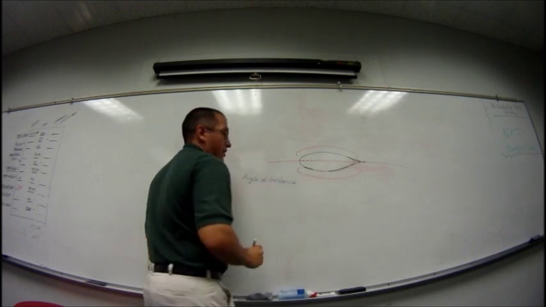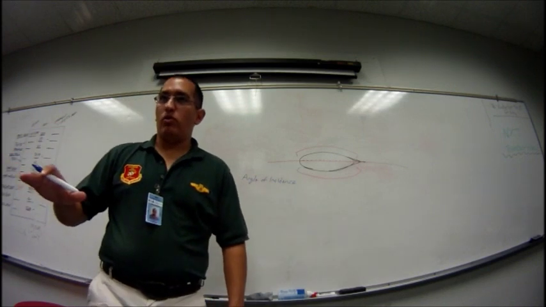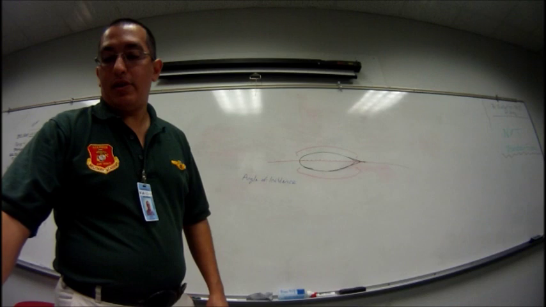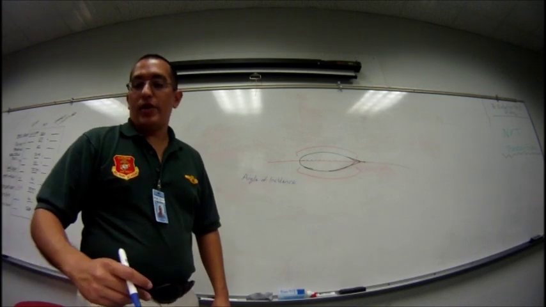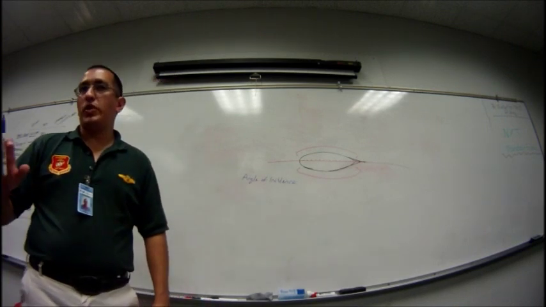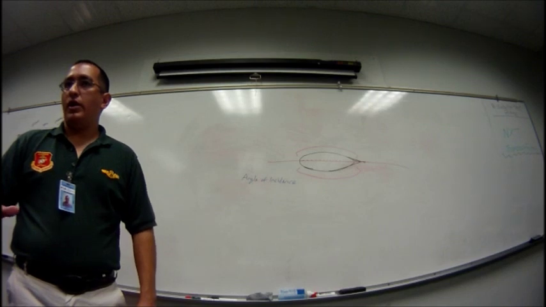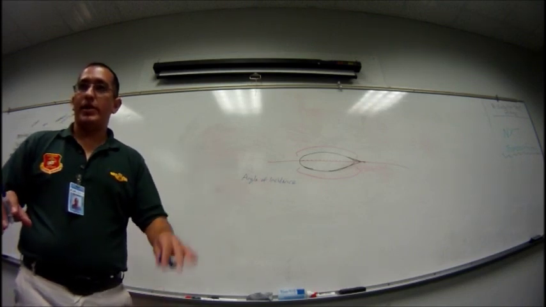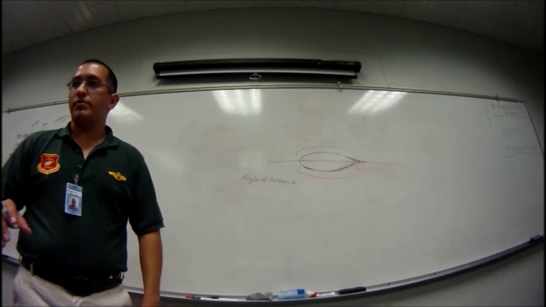Now the angle of incidence is the angle, and make sure I got this right. Right, that's what I thought it was. It's the angle between the wing chord line and the horizontal of the aircraft. Basically the aircraft's longitudinal axis.